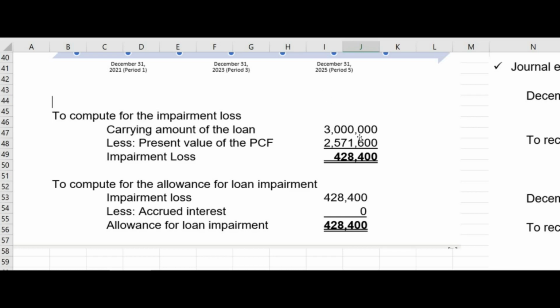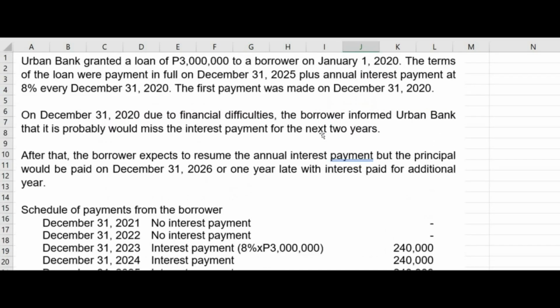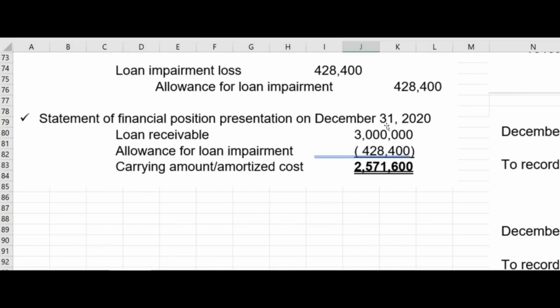So we have here, the carrying amount is 3 million since there's no accrued interest kasi nabayaran man niya noong December 31, 2020. So, walang accrued interest. So, 3 million lang talaga yung loans receivable.